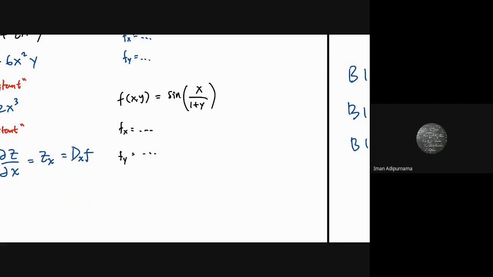If you look for partial x from this sine, the general equation is sine of the equation. Probably it's sine u, right? So this is basically a chain rule problem similar to what we have done in calculus 1. So first, we differentiate the whole thing to become cosine, and then write down all the terms and multiply with the inside.